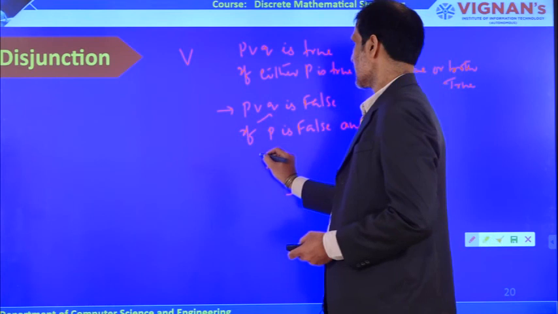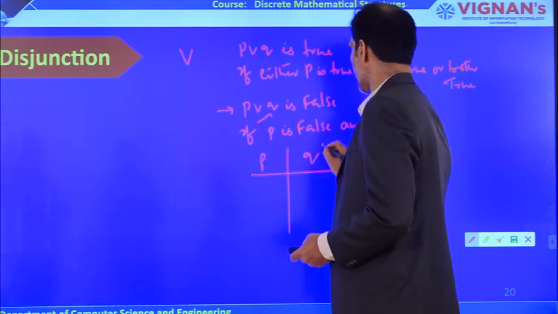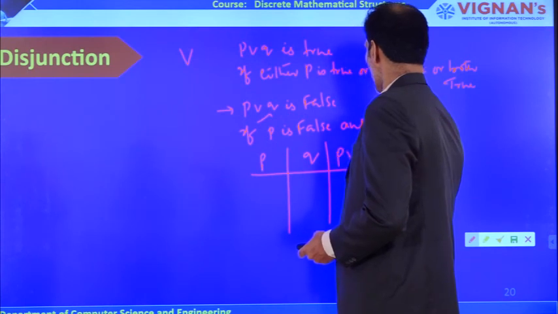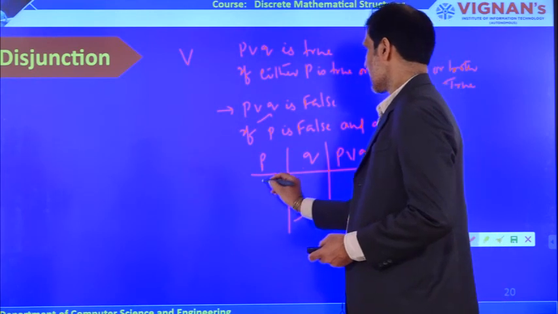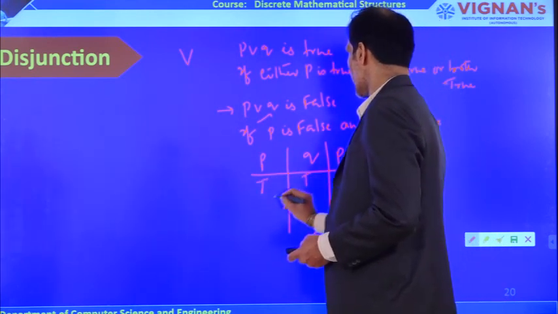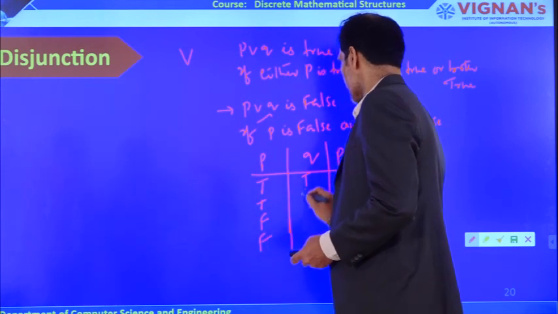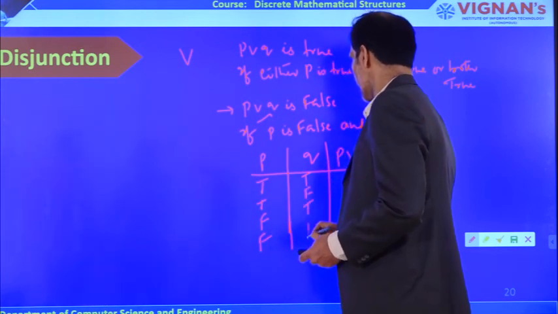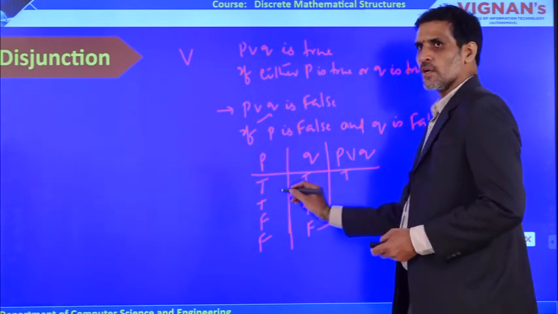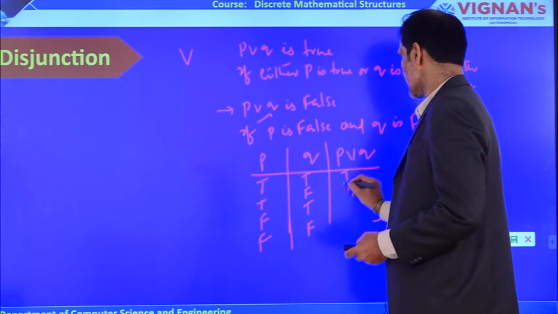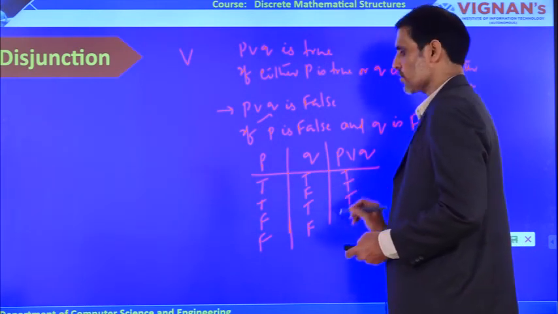So let us take the table P, Q, P or Q. Because two variables are there, I am writing true, true, false, false, and true, false, true, false. True, true is true by definition. True, false is also true. If any one is true, it is true. False, true is also true.